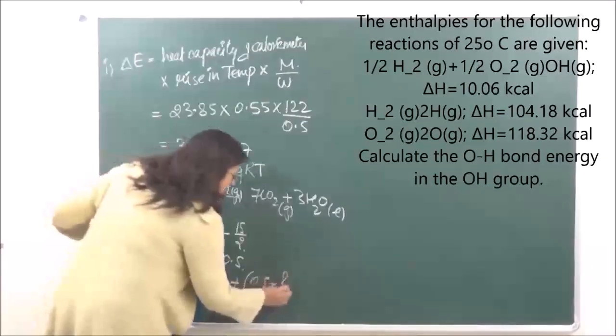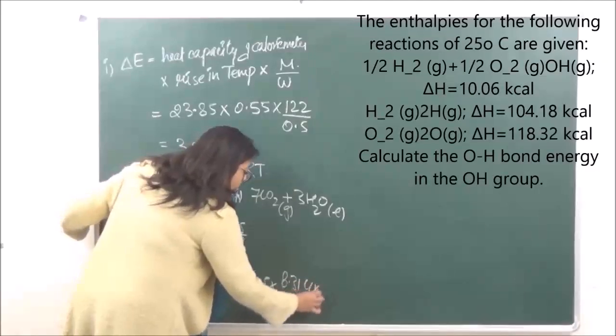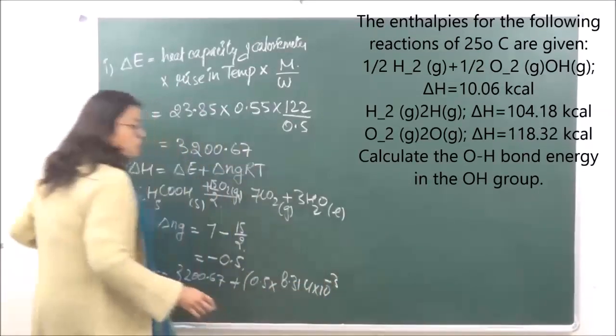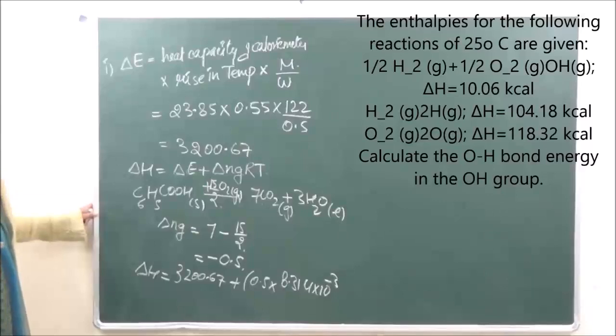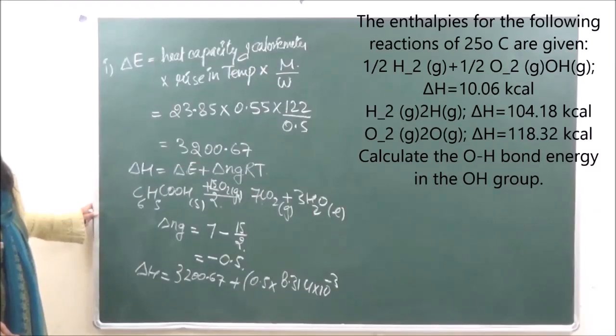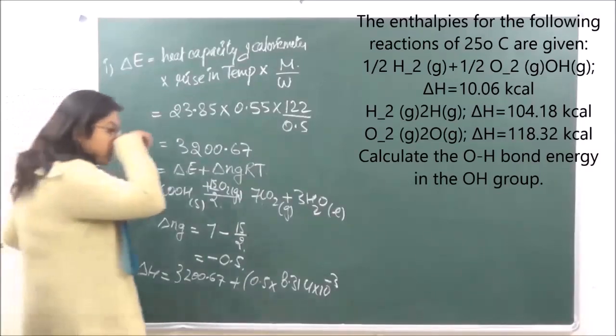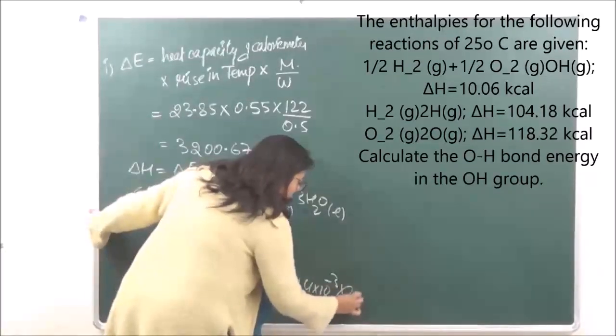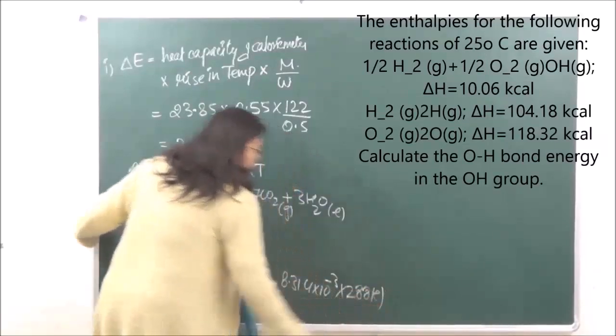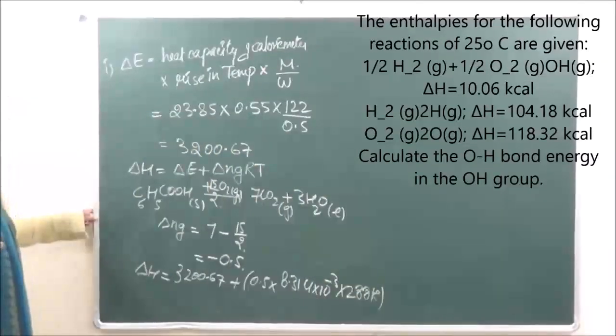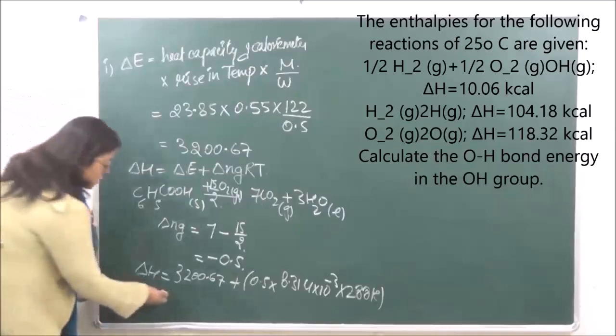That will be 8.314 into 10 raised to power minus 3, right? And the temperature given to us, is it room temperature 25 degree centigrade? No, what temperature have we been given? 15 degree centigrade, it's given. So 288 Kelvin.